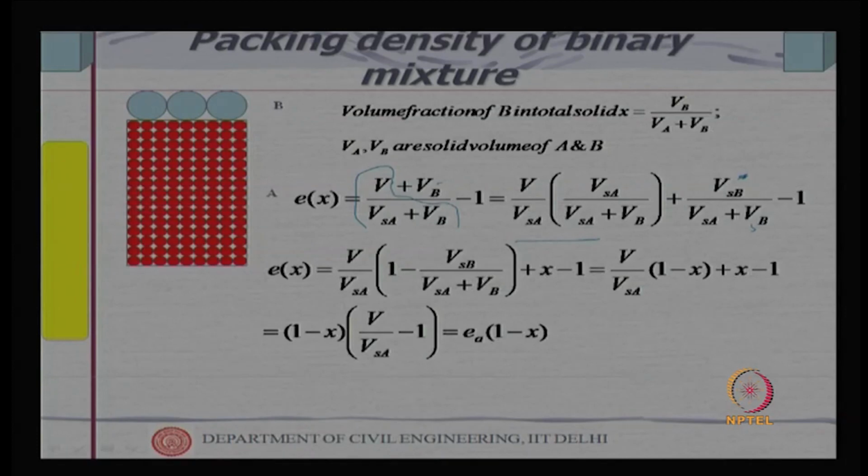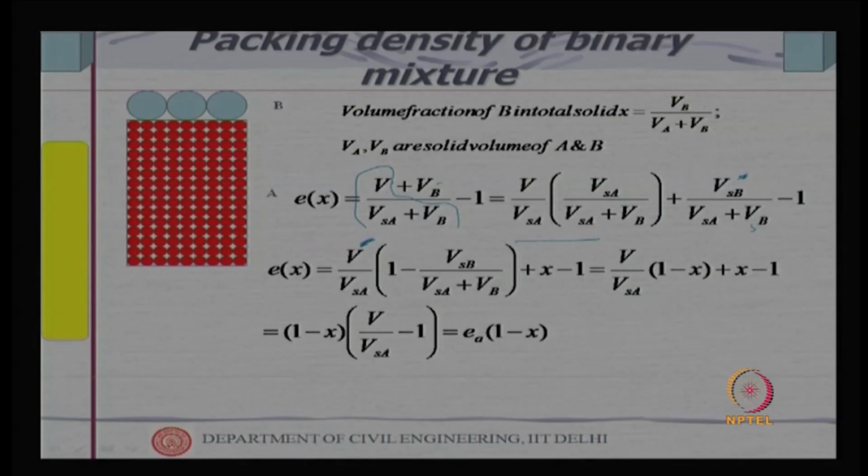Now, this V S A is 1 minus V S B, because my total volume is 1, and V is the original volume. So, this is the original volume and the total volume is 1. I am just writing it separately in this manner.